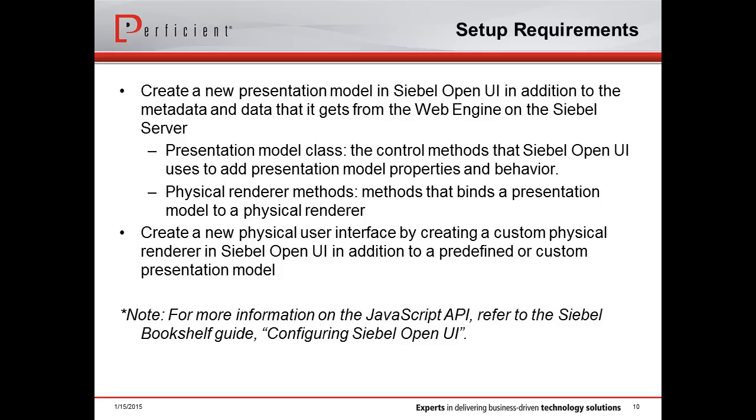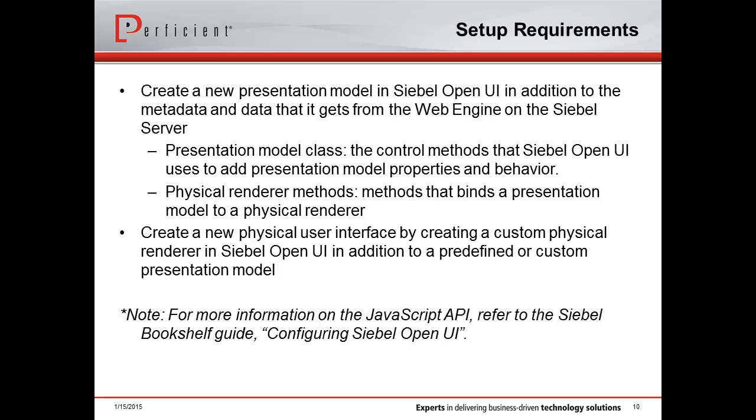One is creating a new presentation model that Siebel OpenUI uses in addition to the metadata and data that it gets from the web engine that resides on the Siebel server. The second is creating a new physical user interface by creating a custom physical renderer that Siebel OpenUI uses in addition to the predefined or custom presentation model.